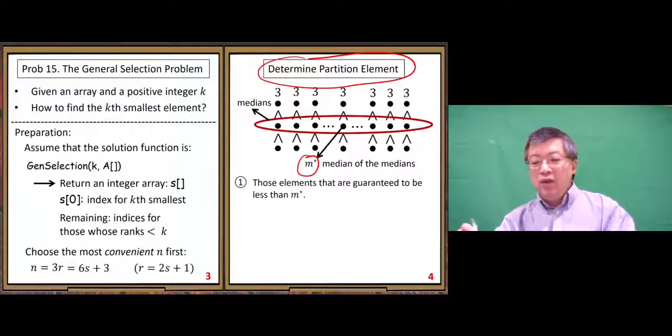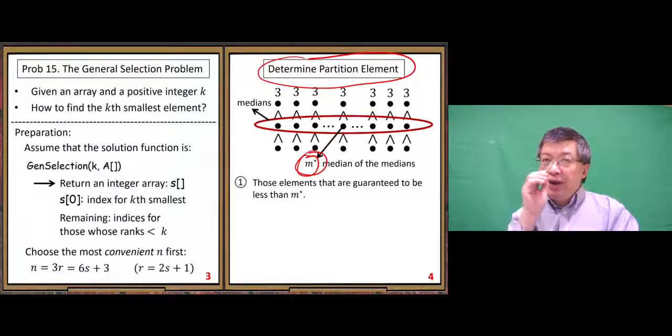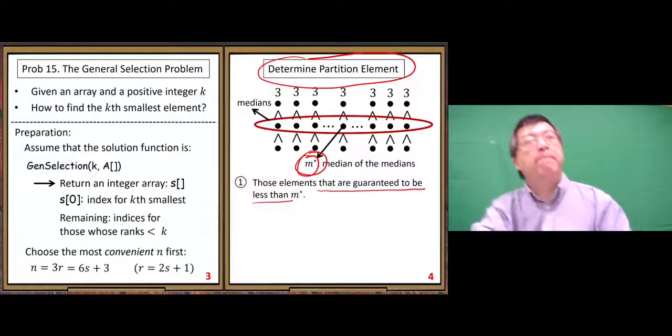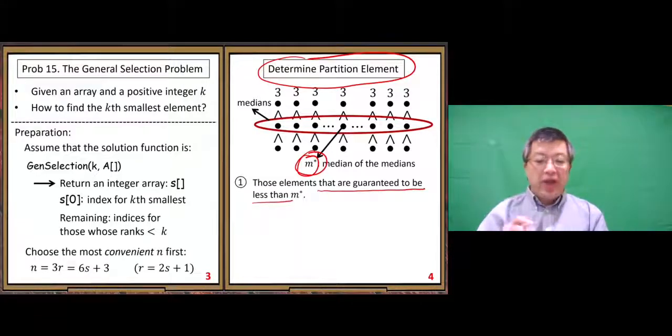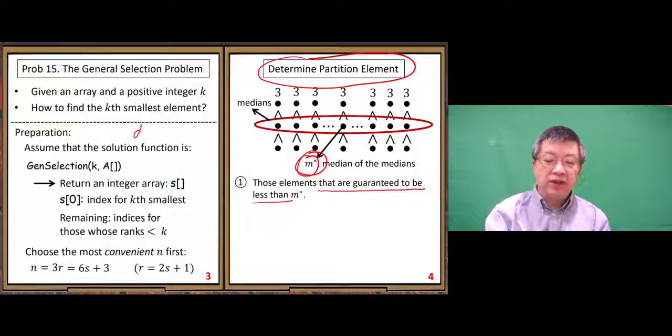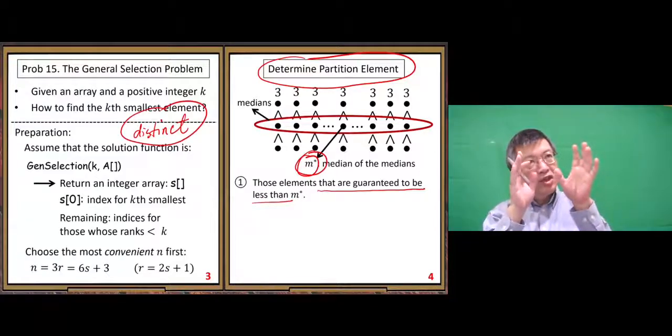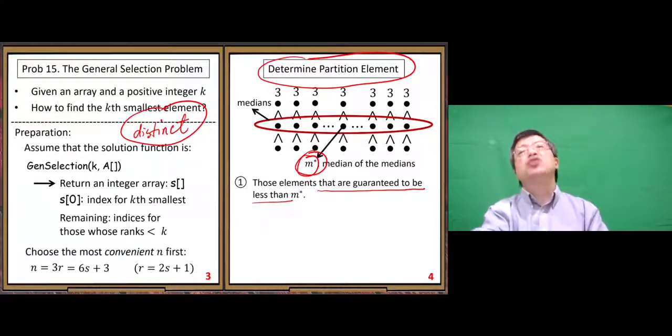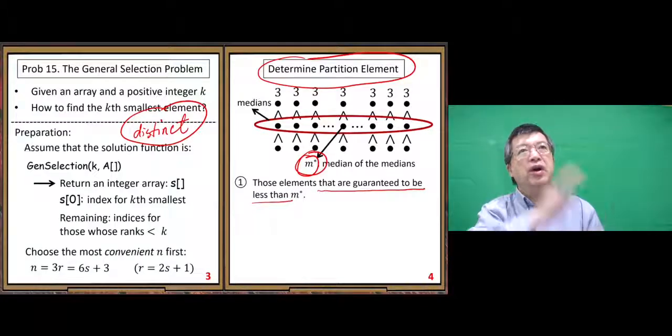First, with this element we use as the partition element, we want to look at those elements that are guaranteed to be less than M star. Now, here we can assume all the elements distinct. In order to make the discussion a little easier, usually we assume all the array elements are distinct.